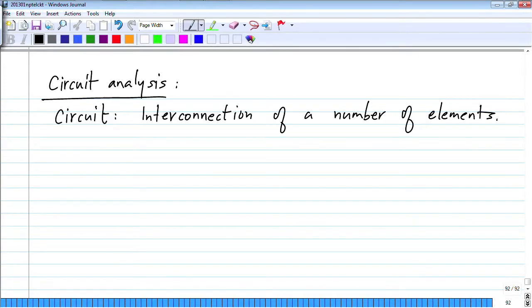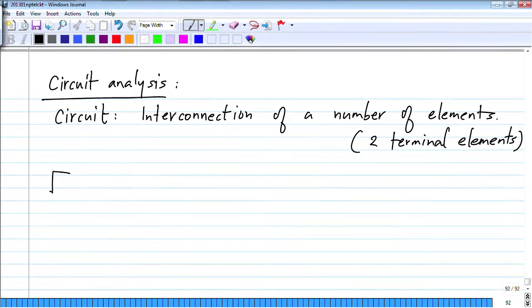Now, the elements that we know of are two terminal elements. You can have more than two terminals, but for now let's stick to two terminal elements. So as an example, let me take something.